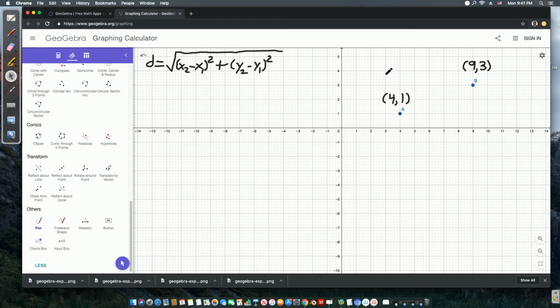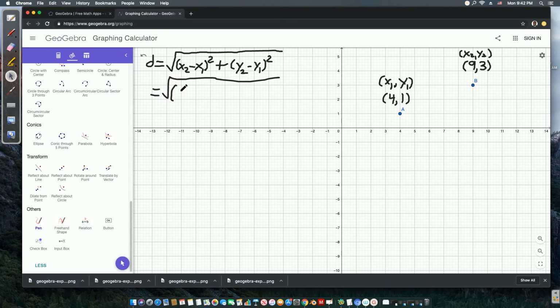So this is the first point, so this is going to represent x1, y1, and since this is the second point here, it's going to represent x2 and y2, and all we have to do is plug in the values and it should work. Alright, so let's see what we have. So we square this out. It starts off with the parentheses.